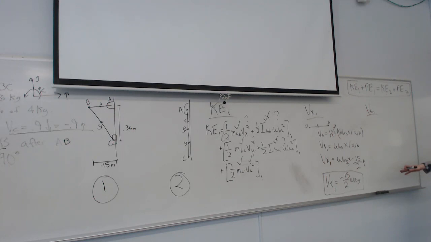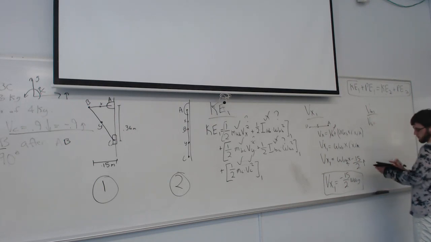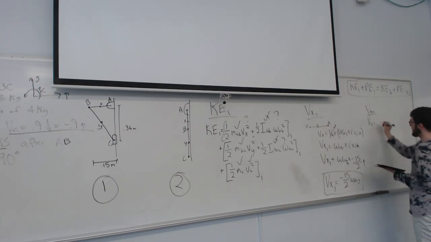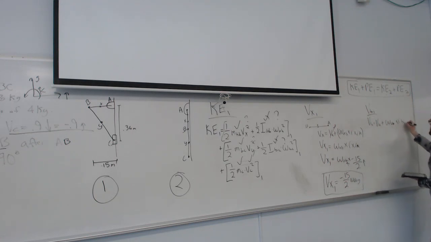All right, velocity of B at point 1. We figured out all we can about this. So now looking at the other points, the velocity of B equals velocity of A plus omega AB cross RB with respect to A. Velocity of A is 0 again.